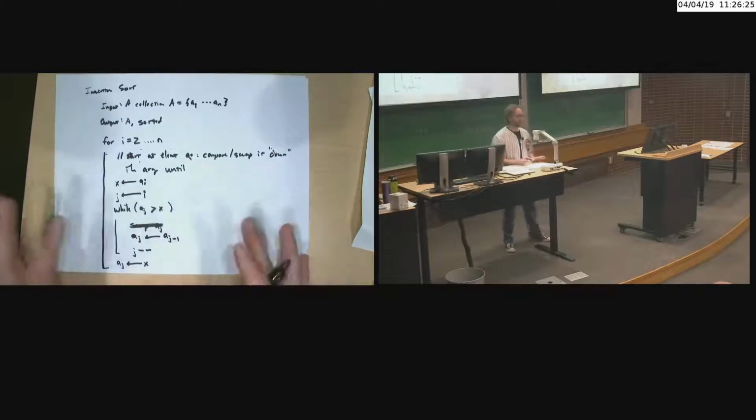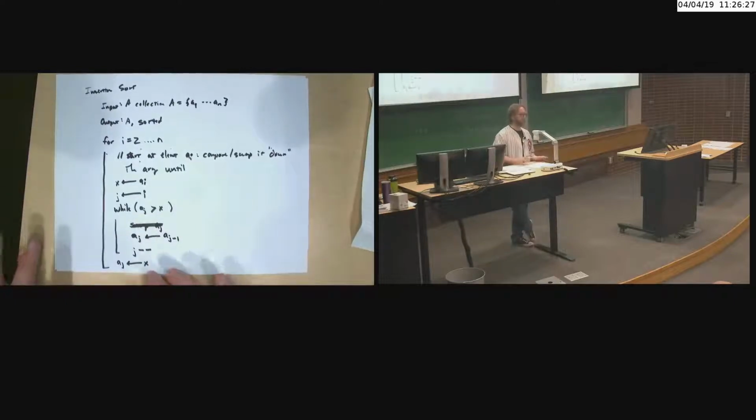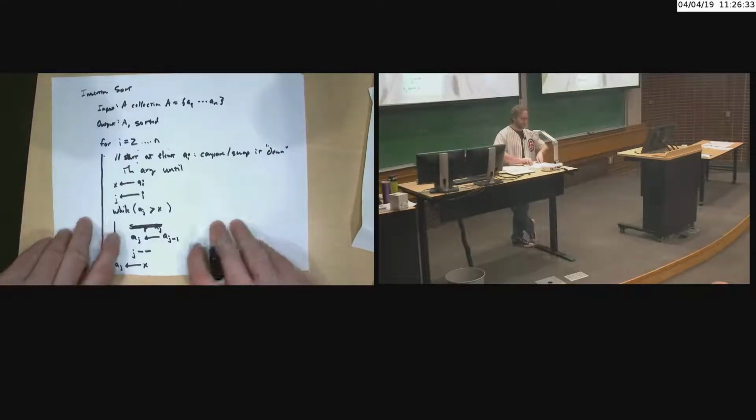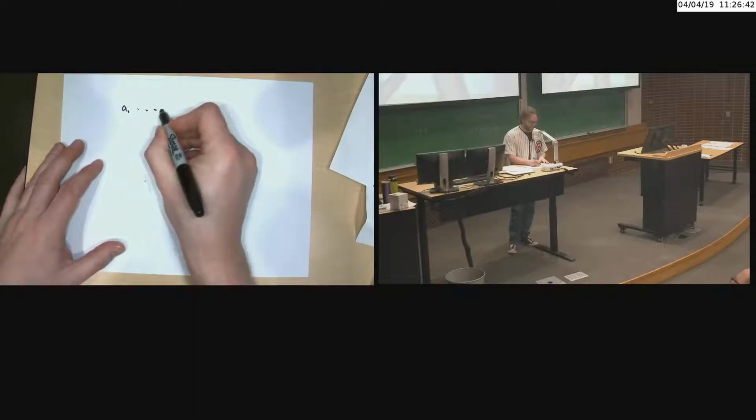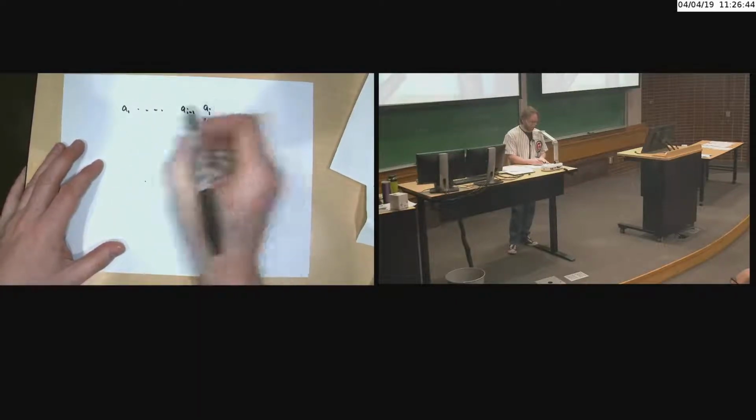Now, the analysis of this is going to take more than I want to do in class. If you want to, I think I do it in the video. I'm not sure. But here's the basic idea. So suppose that we're at a sub I, right? And elements a1 through a sub I minus 1 are all sorted.